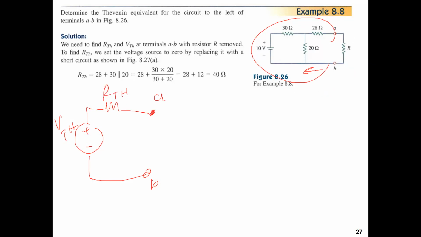Then if we were asked to find the voltage across R, or the current through R, and R is given, we just place the R here, whatever the value is, and then we find I, or the voltage across R. So it's very simple, nice and easy steps to determine the Thevenin equivalent circuit.